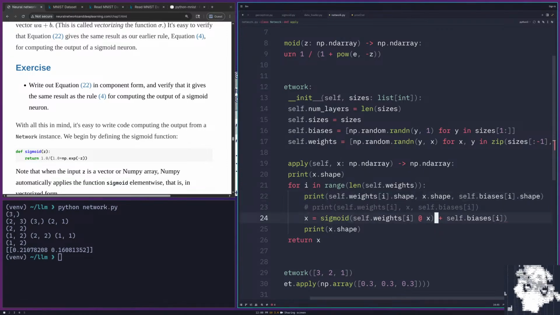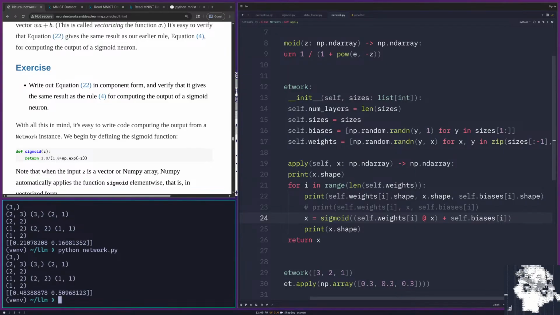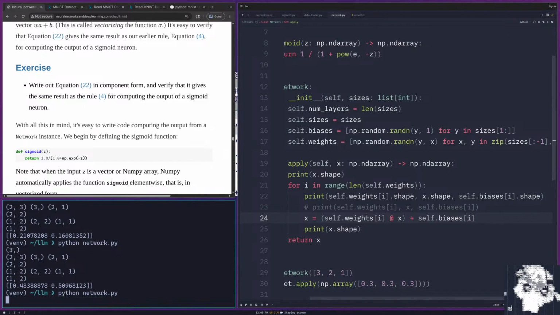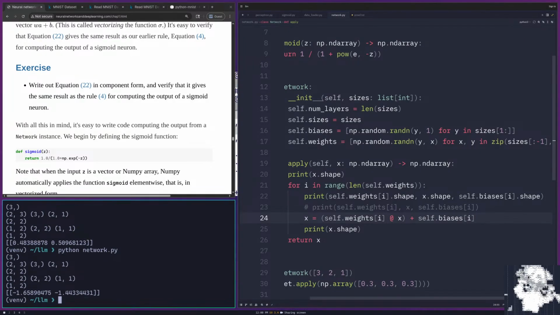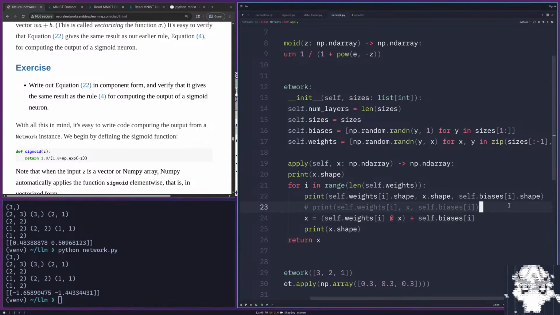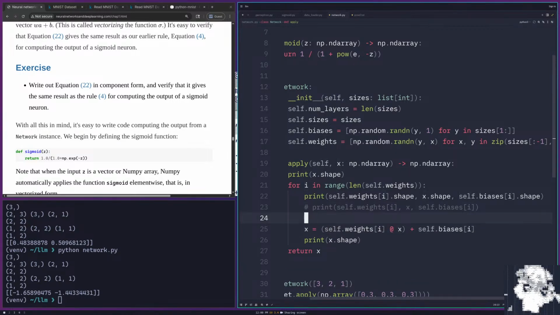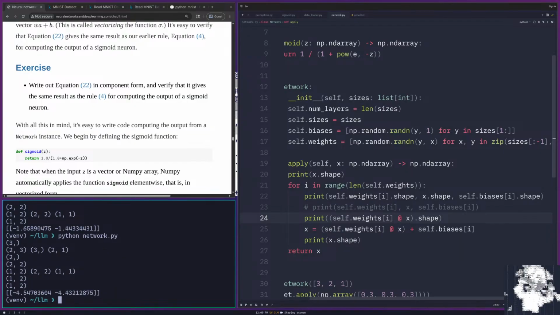Is it like operator precedence or something? No? Is the sigmoid screwing it up? What if I remove the sigmoid? No. Okay, at what point are you getting screwed up? So print this dot shape. 2 by 1.